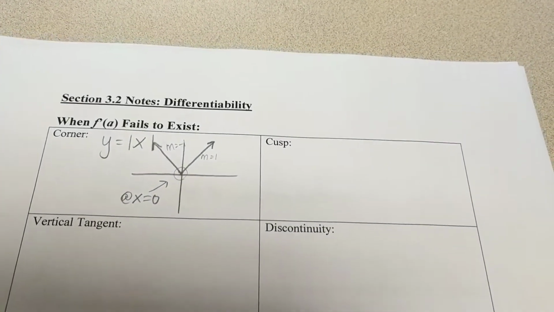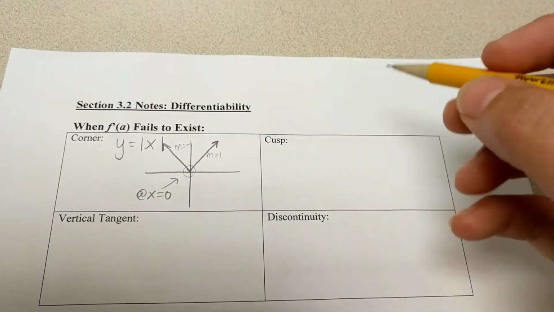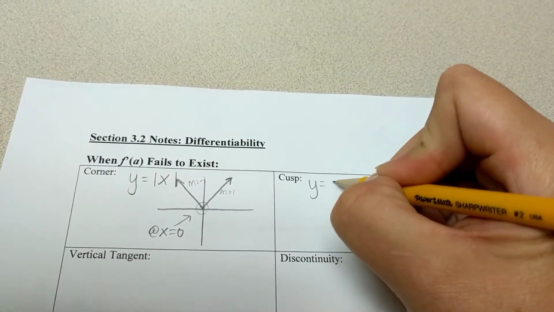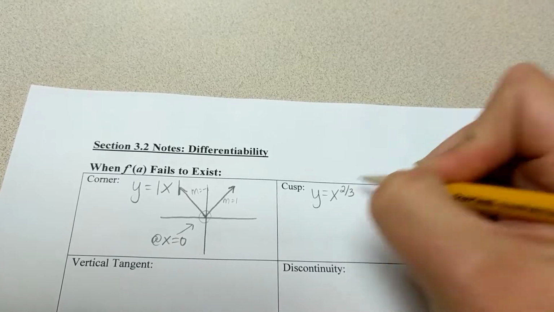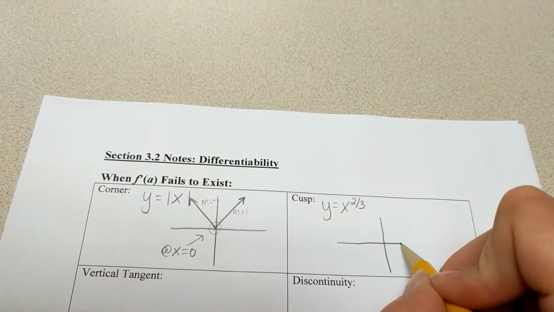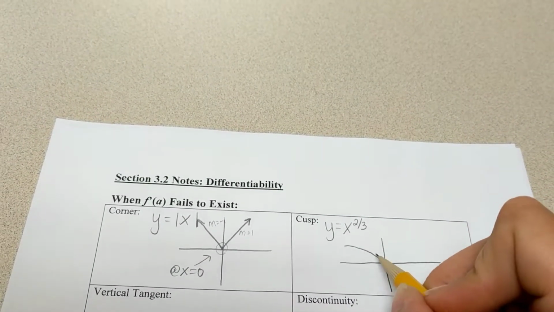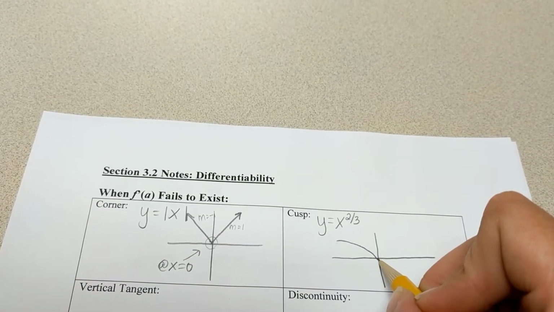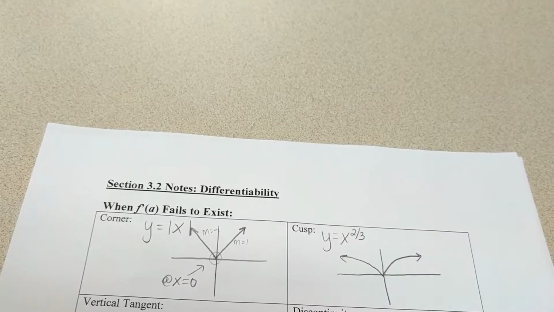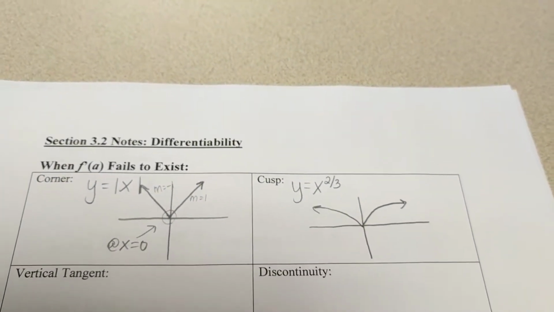The second type is called a cusp. It sounds like a silly term, but a cusp is a function, and this is my favorite function, x to the 2/3 power. I think it looks like a first grader's version of a seagull. So if you actually graph this one on your calculator, it comes in curvy here to 0, and then it goes out curvy. Doesn't that look like a seagull from first grade? That's how I drew birds in first grade.